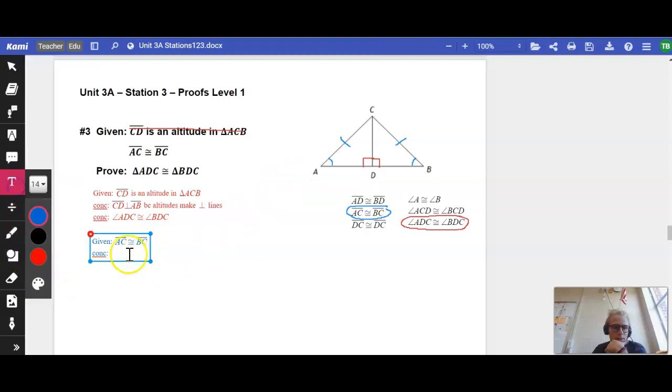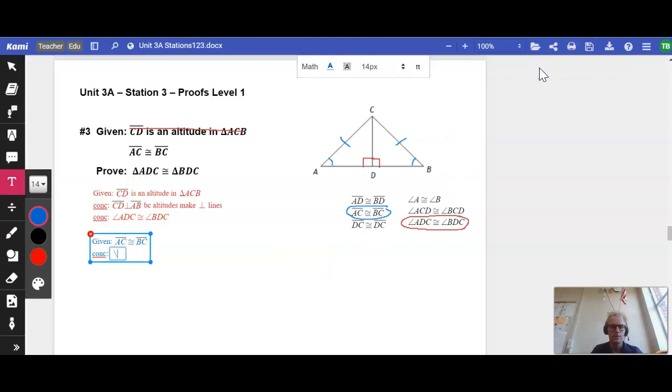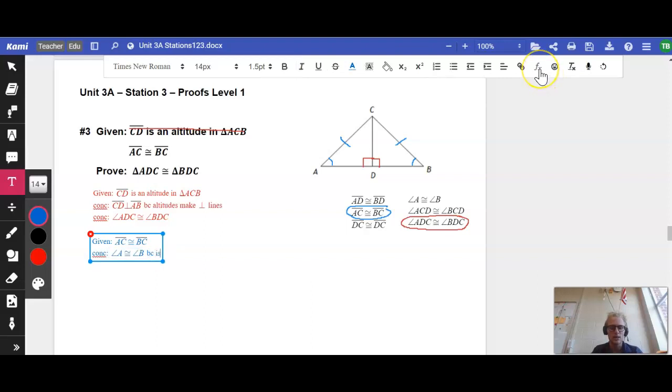So our conclusion here will be, what I'm going to use is that angle A is congruent to angle B because isosceles triangles have two congruent sides and two congruent angles.